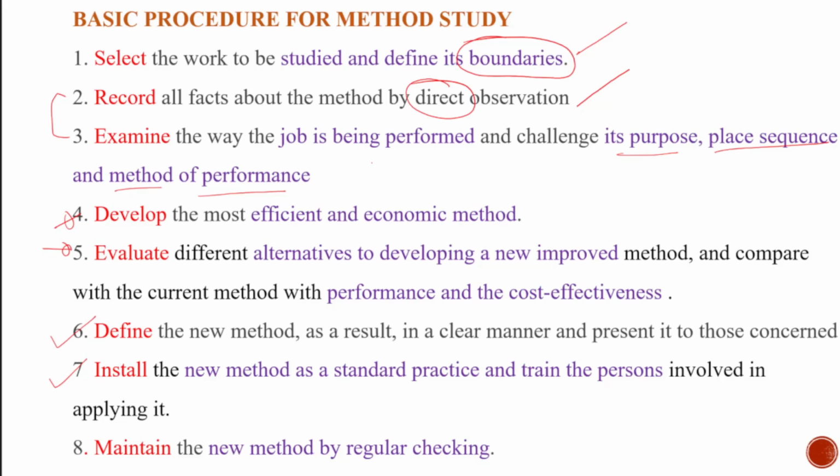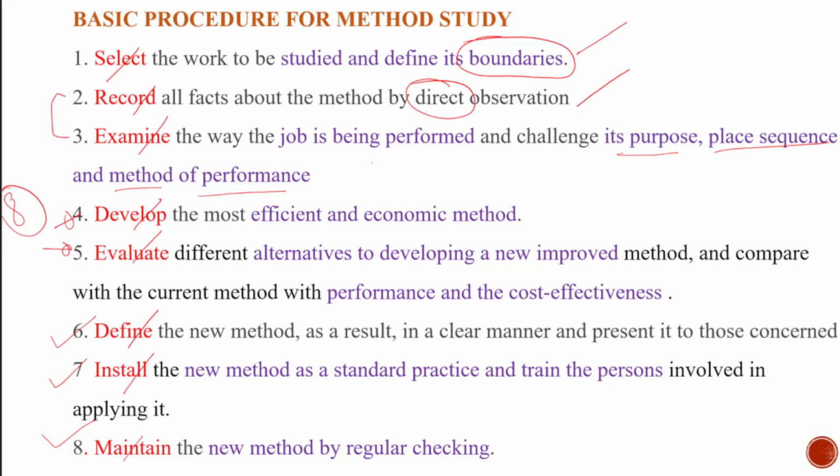And last is to maintain the new method by regular checking. So we can say select, record, examine, develop, evaluate, define, install, and maintain. These are the 8 steps or 8 basic step procedure for method study.